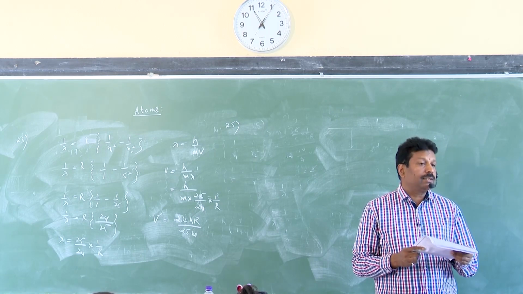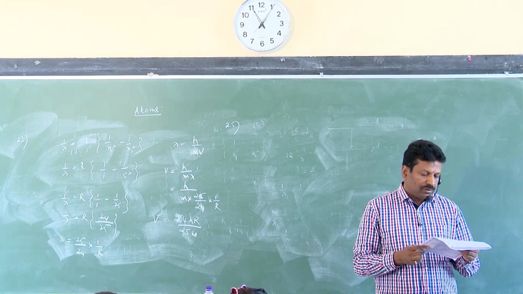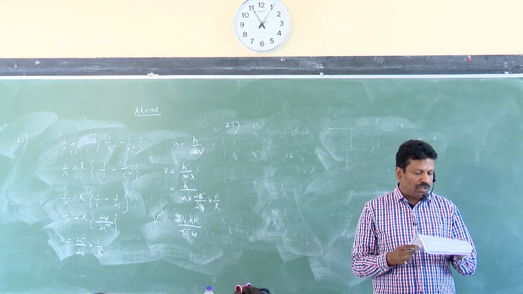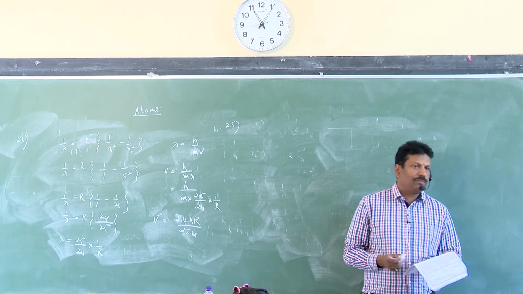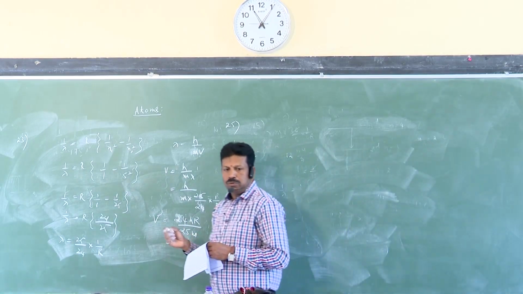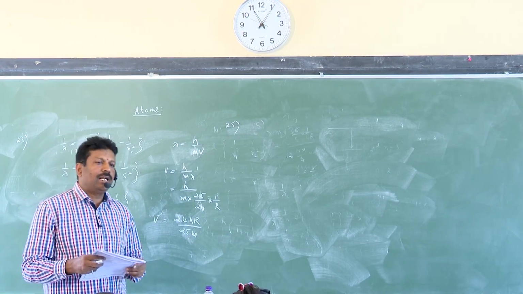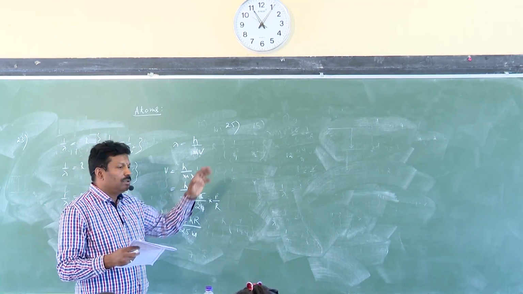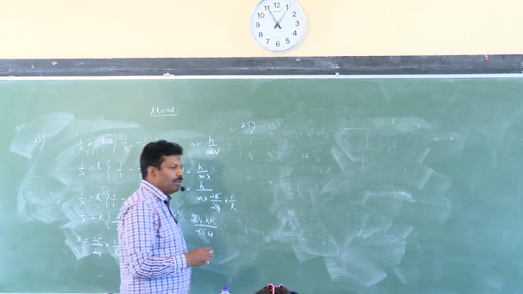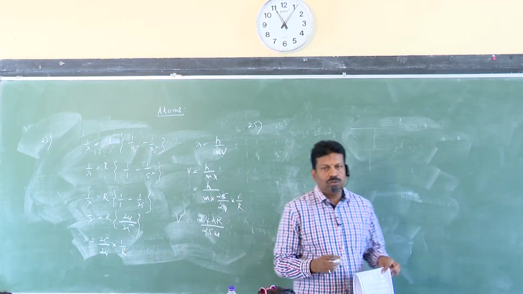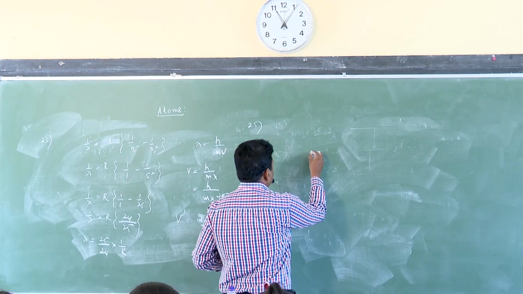Ground state to excited state, 12.1 electron volt. 12.1 electron volt is required to excite the electron from the ground state to a particular state. So now the number of spectral lines emitted by the hydrogen atom.